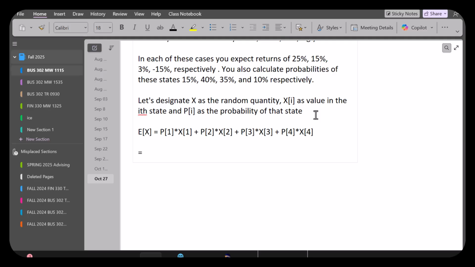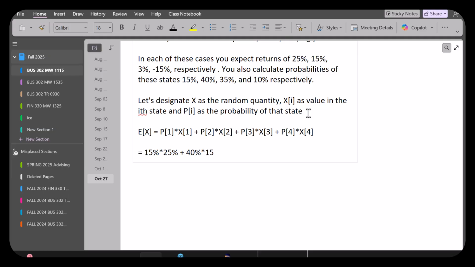So in this case, the probability of the very good state is 15%, times how much return you're going to get in that state, 25%. Plus the second one has a probability of 40% times 15%.